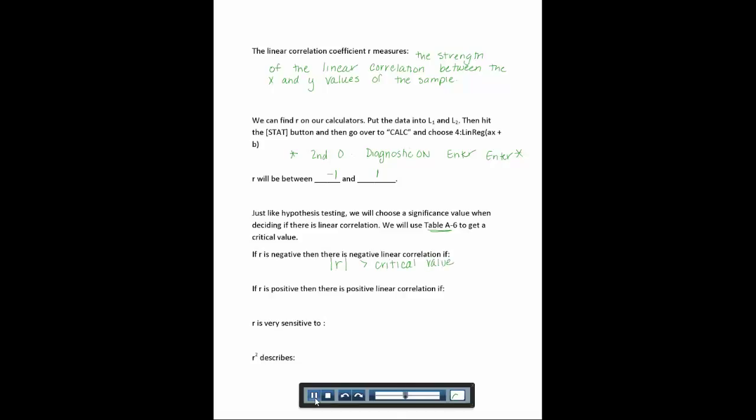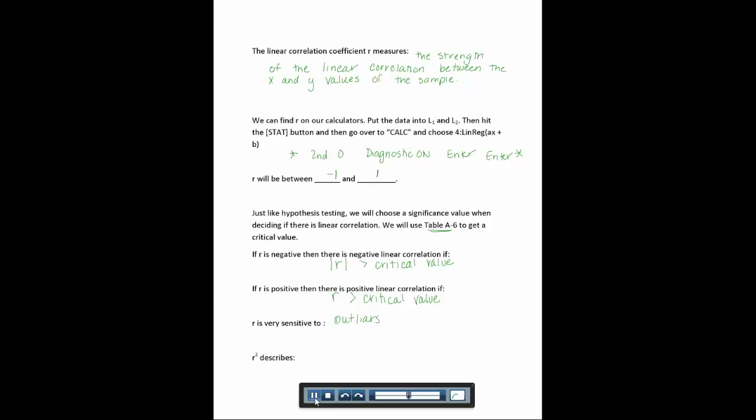If R is positive, so it's between 0 and 1, then we don't have to take the absolute value because it wouldn't do anything. If it's bigger than the critical value from the chart, then we get correlation. One thing to know is that R values are very sensitive to outliers. Any outliers are really going to throw off your R value.